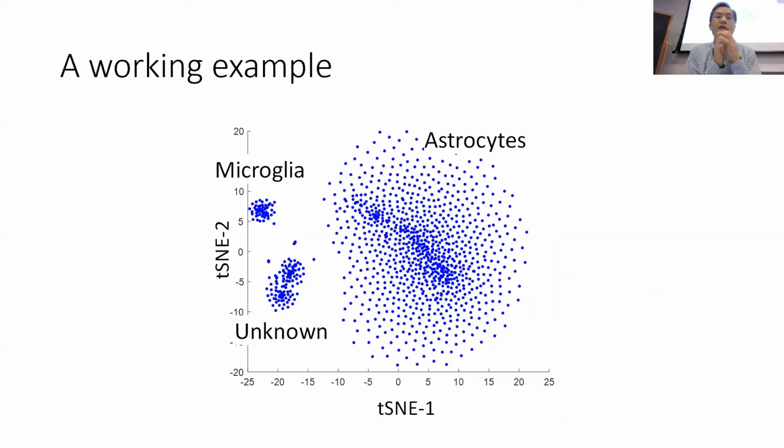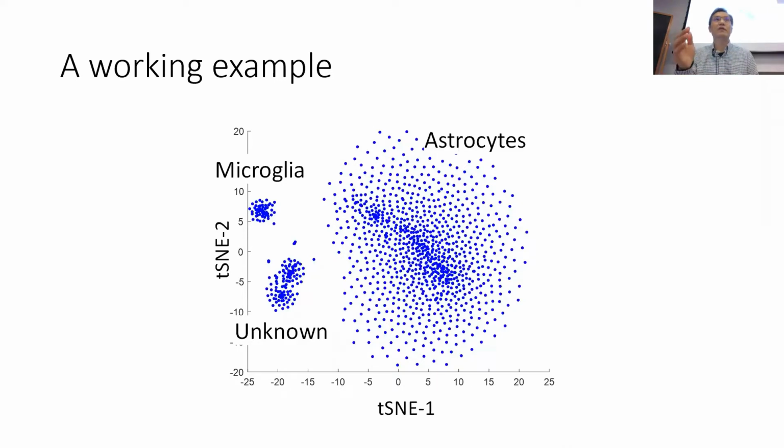And here is a real example. That's a real data set collected from one of my collaborators. You can see this is from the central nervous system, and you have a lot of astrocytes and microglia and some unknown cells. And that's the t-SNE embedding result like this. What do you think about this clustering problem?